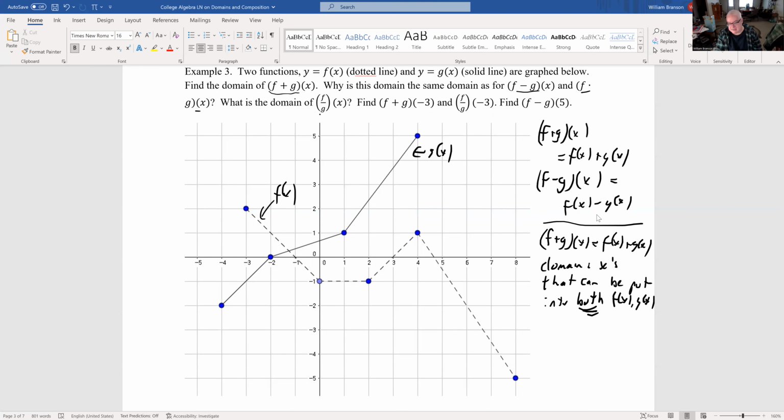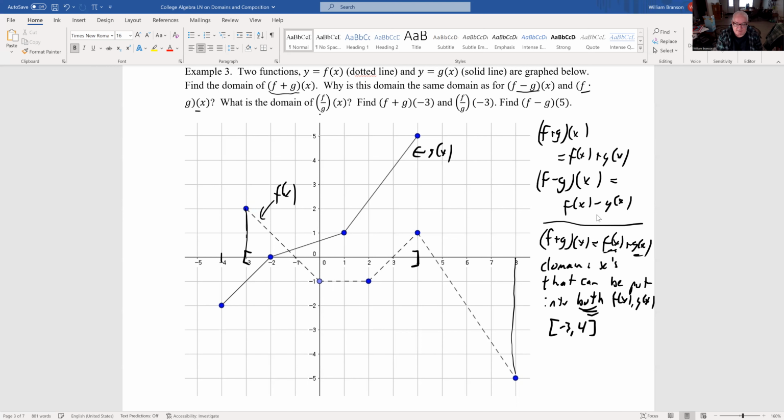Because if I want to take f of x plus g of x, x has to be in the domain of f, and x has to be in the domain of g. The domain of f is minus 3 to 8. My domain of g is minus 4 to 4. So what's the overlap of those two? Well, minus 3 to 4 is the domain.